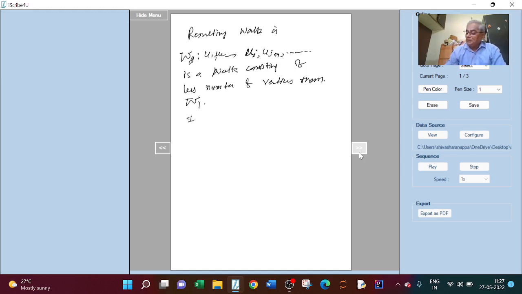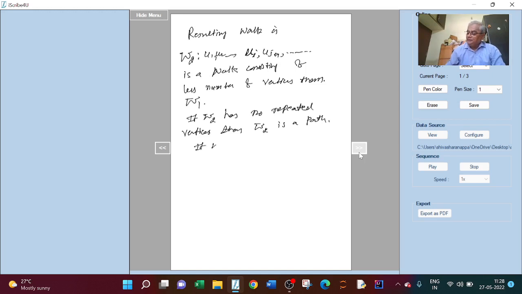Now again, if W2 has no repeated vertices, then W2 is a path.